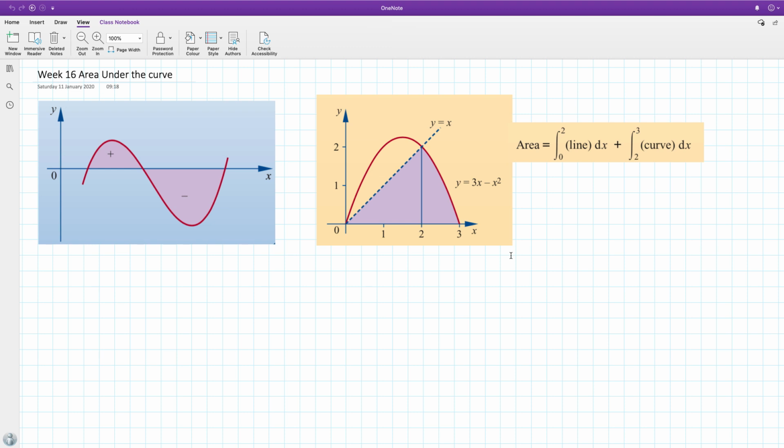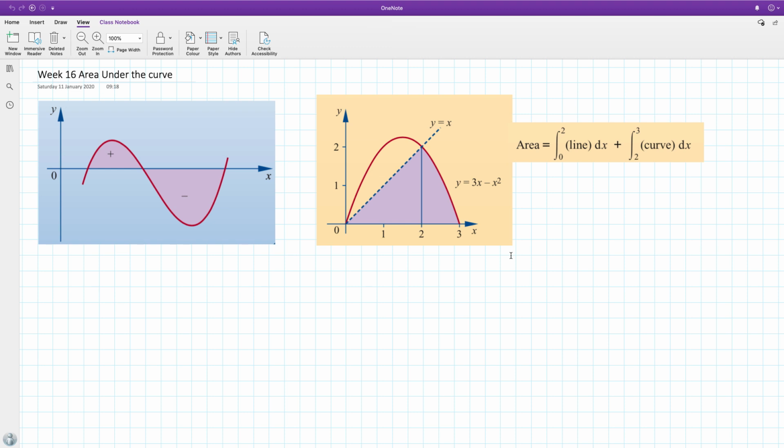Right, integration of a line or a curve is calculating the area between said line or curve and the x-axis.